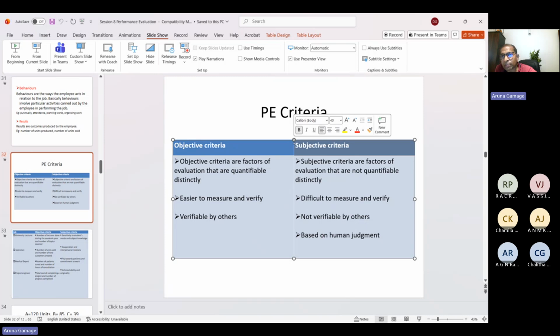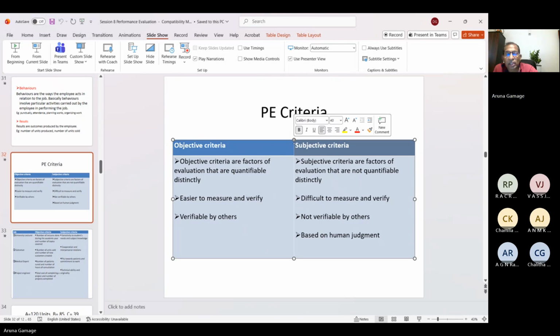Number of patients cured, number of consulting hours. Suggest some subjective criteria. Subjective: sensitivity towards patients' needs, piety towards patients, kindness.